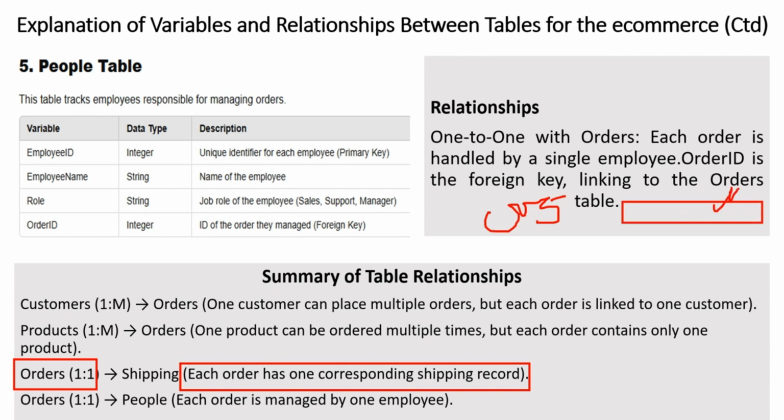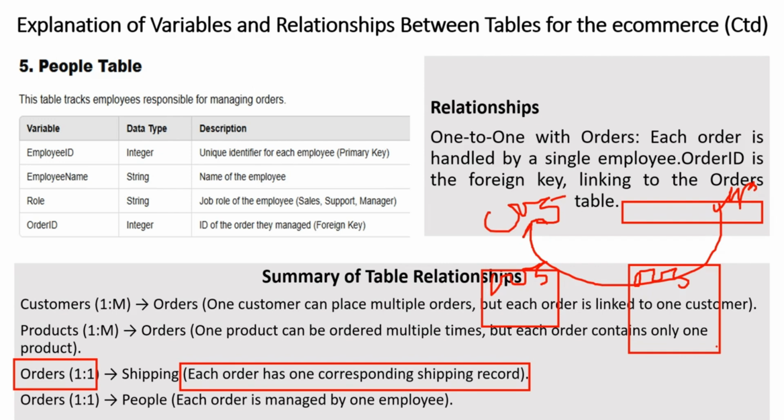Maybe it is UPS that is going to deliver my order, and they can get all the information of my orders. So 005 will appear once in the order table, and 005 will appear once in the shipping table. It cannot appear more than once because you only have one order that's 005.